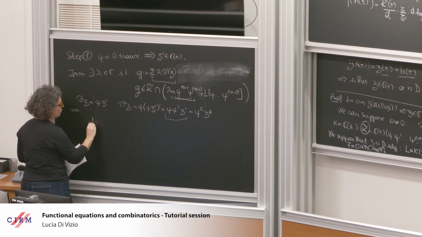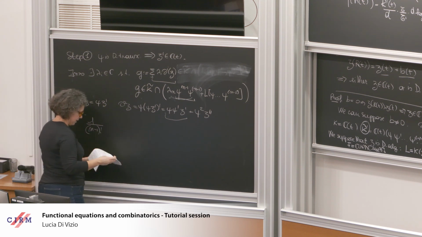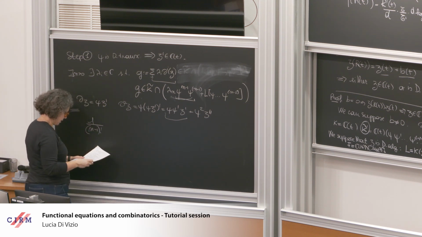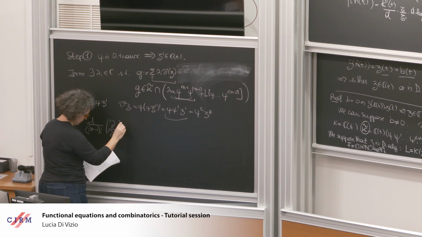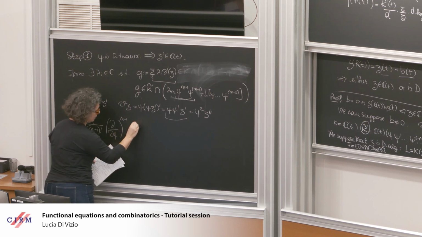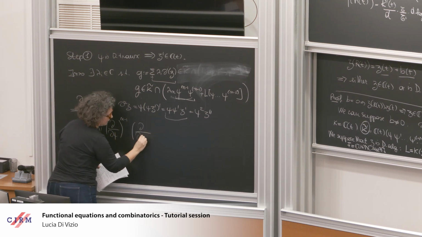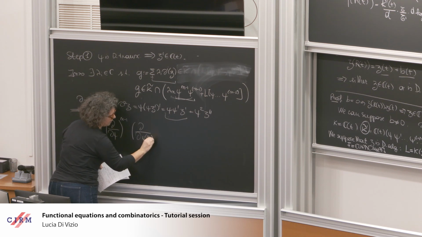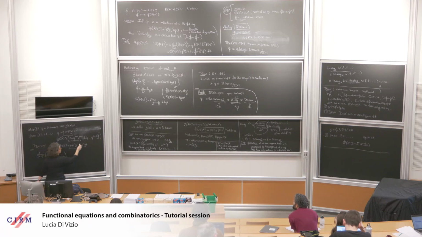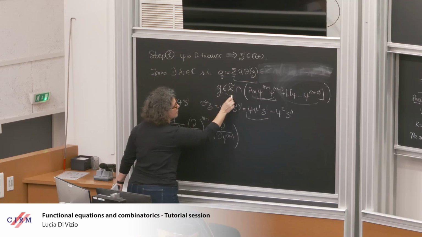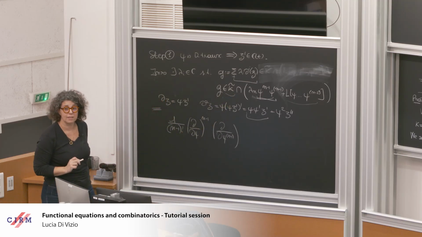So you can apply to G just d over d psi n-1. Just because they are transcendental, then this is a ring of polynomials in the derivatives of psi, and this is a ring of rational functions in the derivatives of psi.